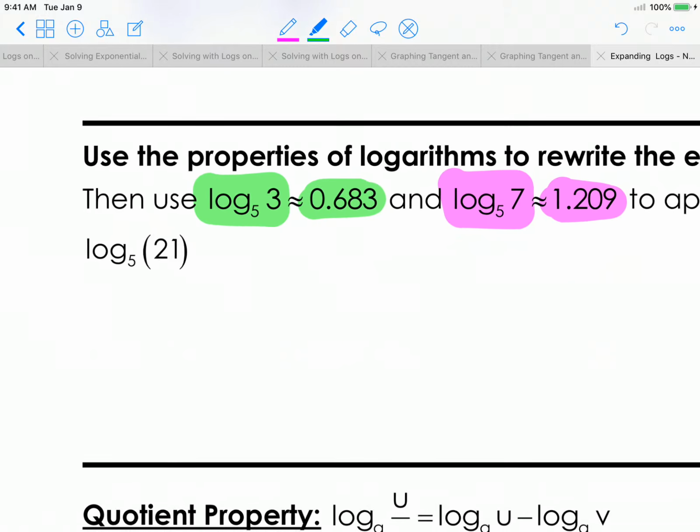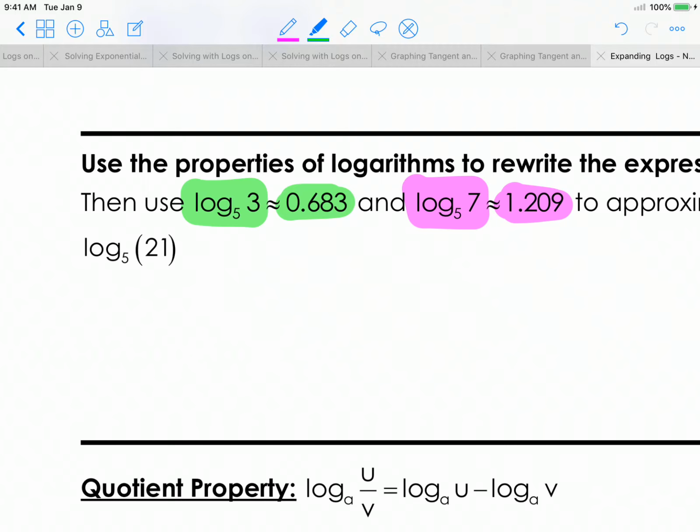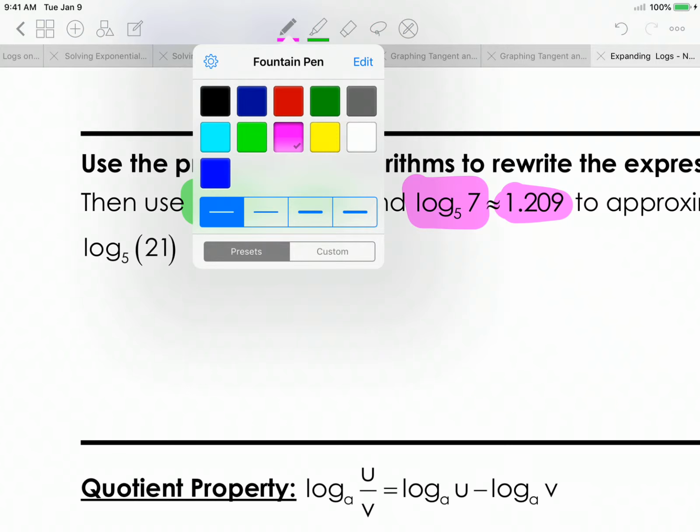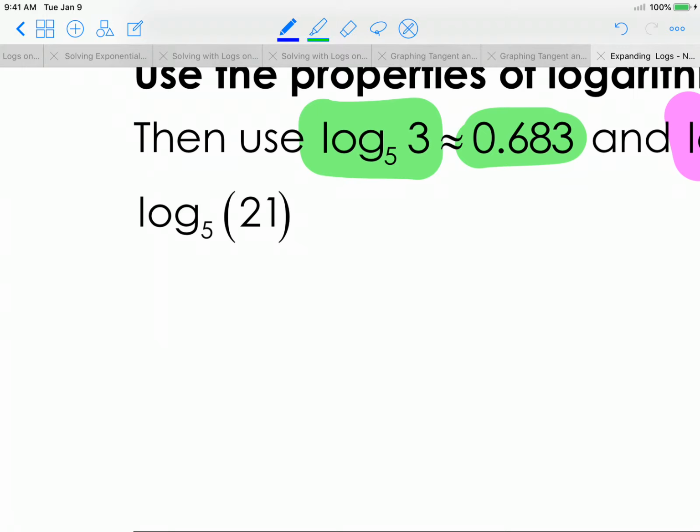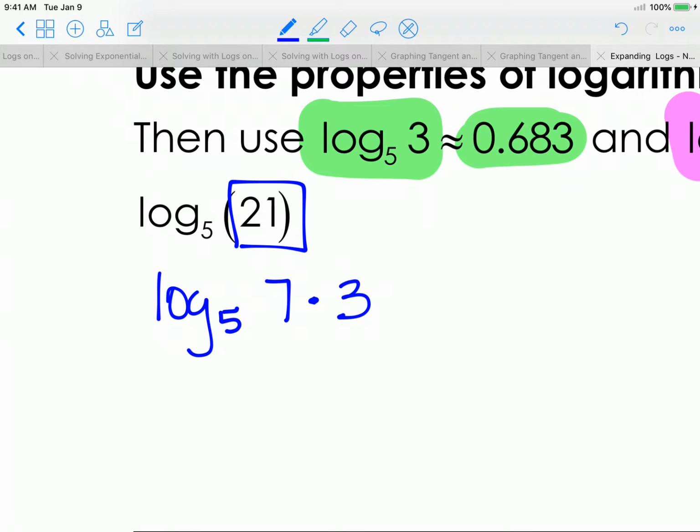So let's see if we can rewrite log base 5 of 21 in terms of 3 and 7. So how can we maybe rewrite 21 with a 3 and a 7? Well, hopefully you would say, 21 is 7 times 3. Wouldn't you agree, everyone?